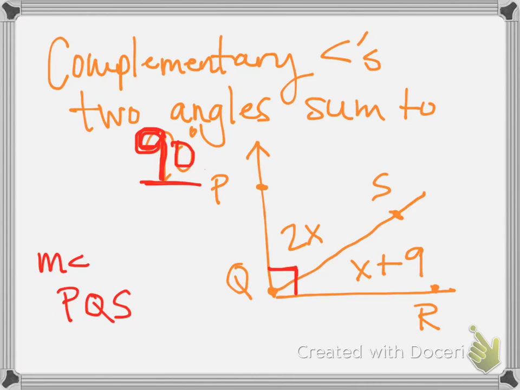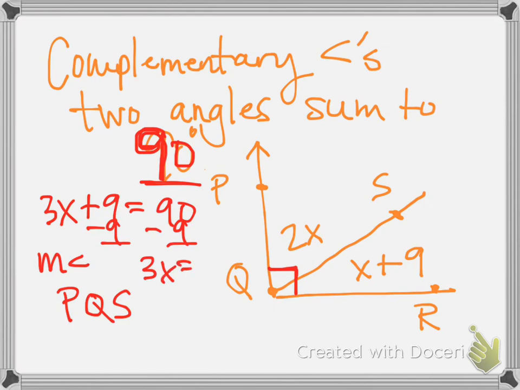I add them together, and I get 3x plus 9 equals 90. Then to do the algebra, I would subtract 9 and get 3x equals 81. And then I divide and get x equals 27.